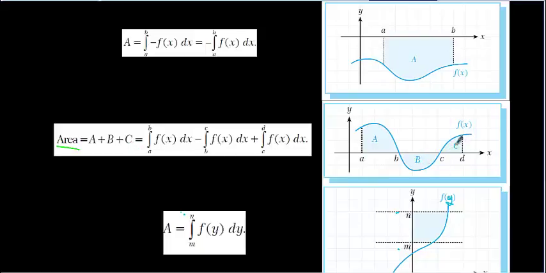Here, the integral from a to b is positive, but from b to c it should be negative, because it is below the x-axis. So with the minus sign, it becomes positive as an area. And from c to 2, again it is positive.